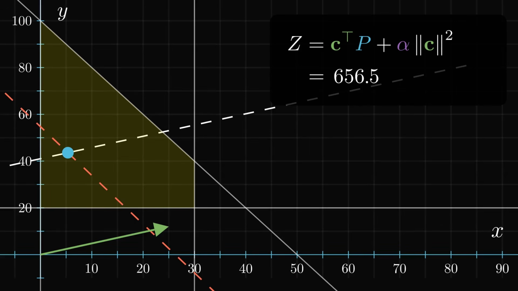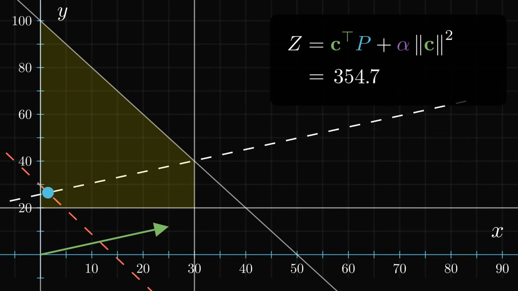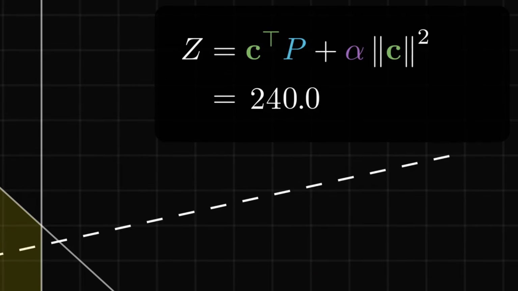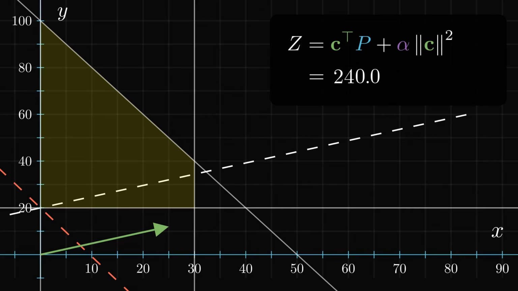Equipped with this knowledge, it becomes simple to find the maximum we are looking for. Starting at the point 0,20, the objective function takes a certain value. Then as we move the red line, which is perpendicular to the cost vector, although again doesn't look like it, along the direction of the green cost vector, the value of the objective function increases, where the points of the red line all have the same objective function value as established earlier.